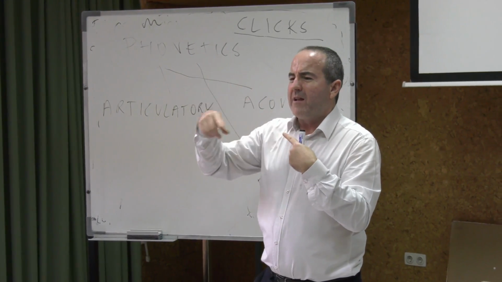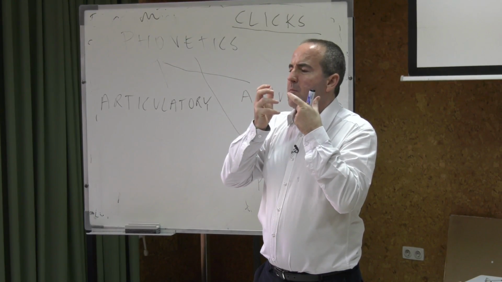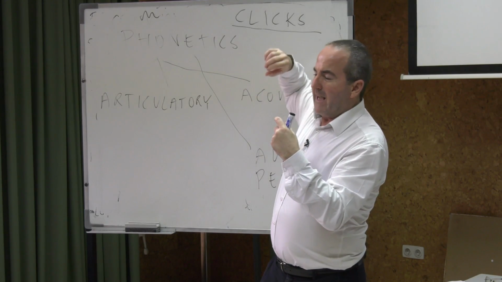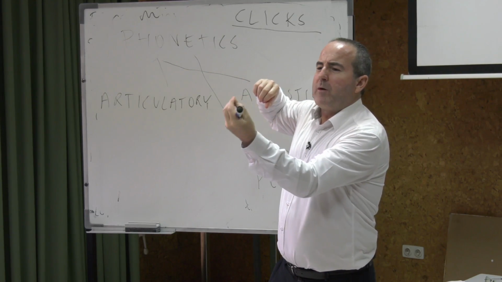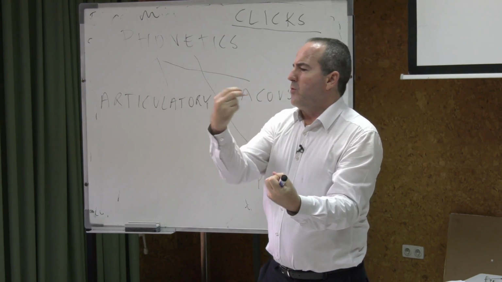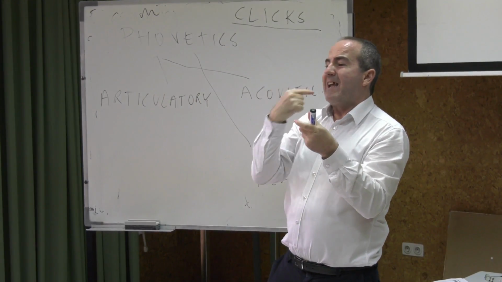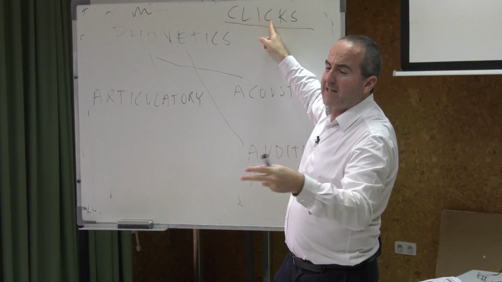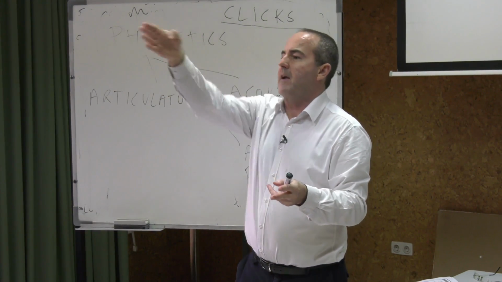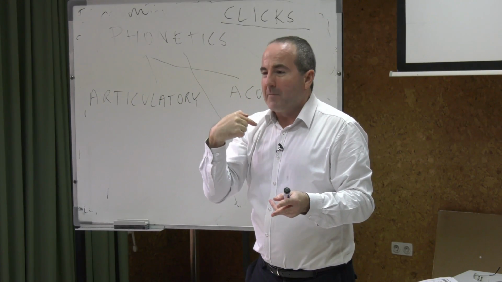The way clicks work is that we close the oral cavity somewhere, and we also close the end of the oral cavity, and we produce an entrance and an explosion through changing the pressure of the air from outside to inside so that the air enters. So the difference between clicks and all other sounds is that the other sounds are egressive with the air coming out, but clicks are ingressive. The air is coming in, okay?